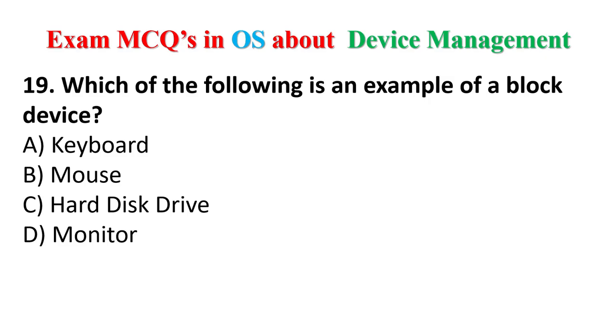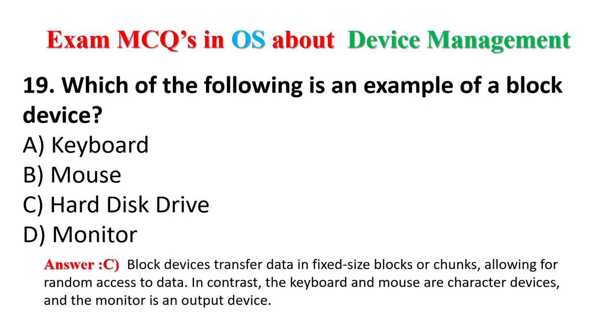Question number 19. Which of the following is an example of a block device? Keyboard, mouse, hard disk drive, monitor. A block device is a type of device that transfers data in fixed blocks or chunks, which helps with random access to data.